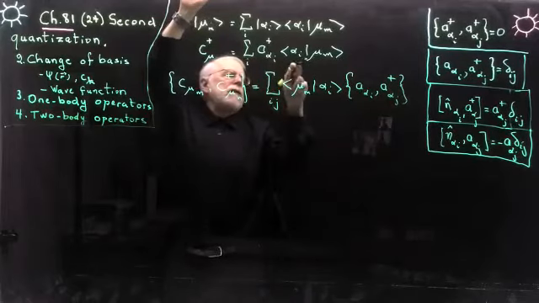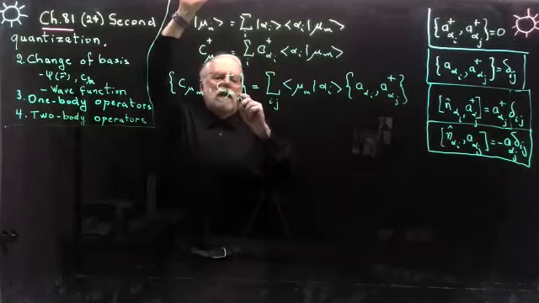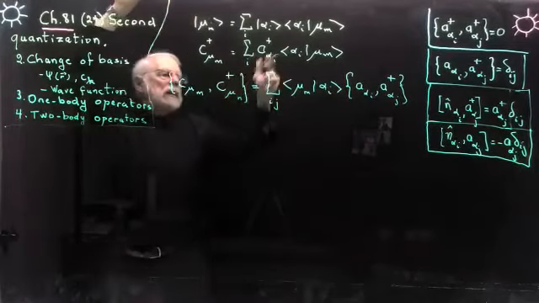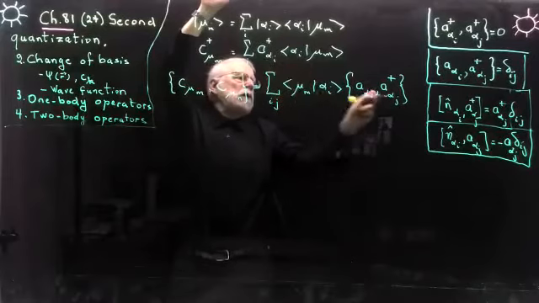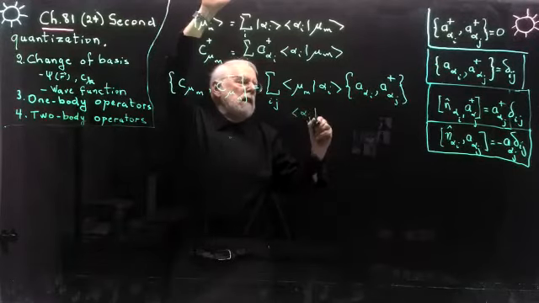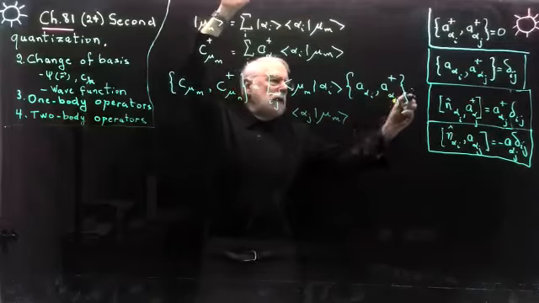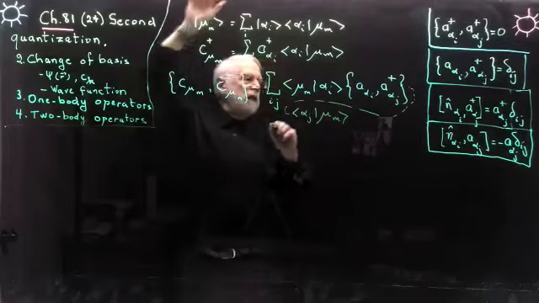And then I have this C dagger mu n. I have this relation here. So that's where the A dagger came. And I have alpha j mu m. That should fit there, right?